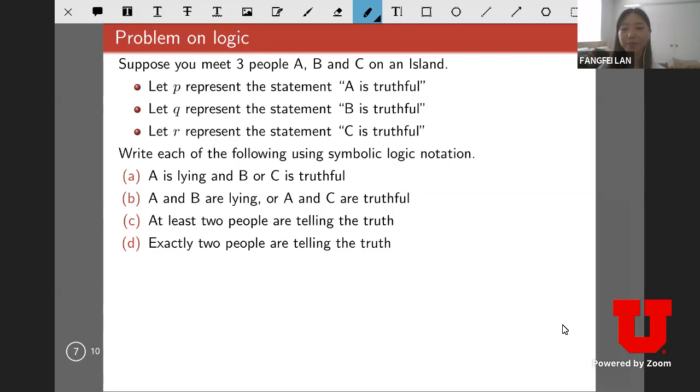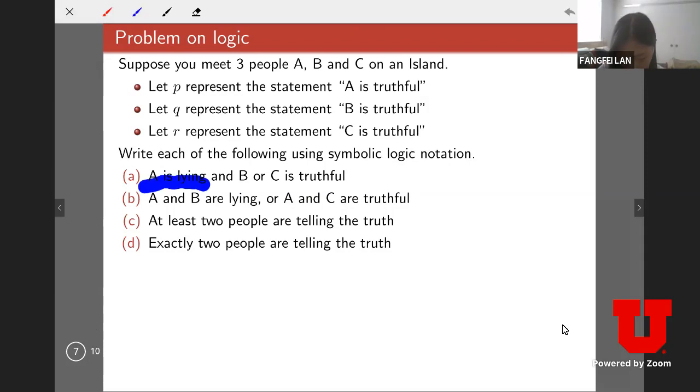Not, yes, I see not. Yes, very good. I see the answers in the chat room. So A is lying is not P, right? So that represents A is lying. So we have and here. And then we have B or C is truthful. How do we write B or C is truthful?